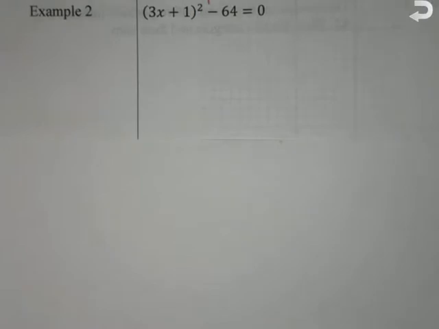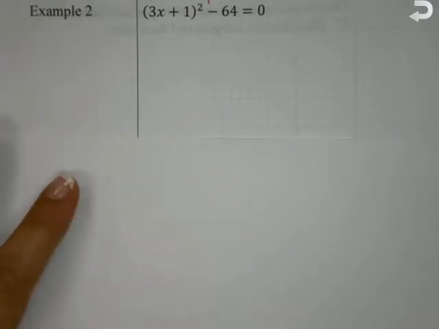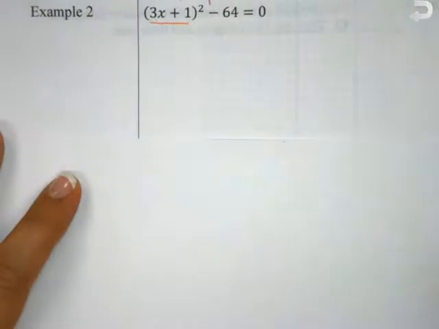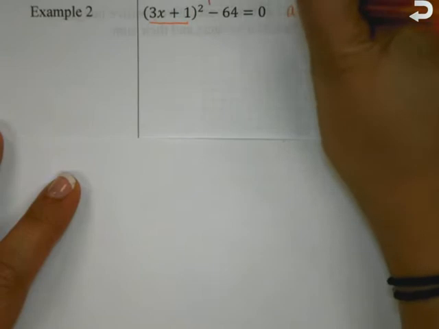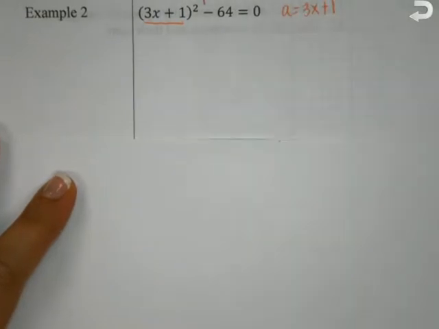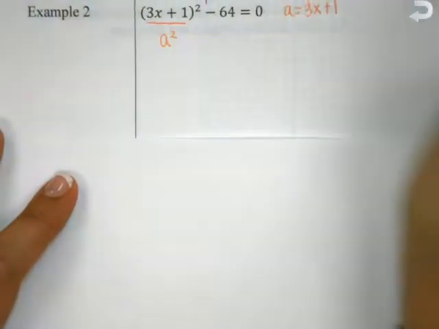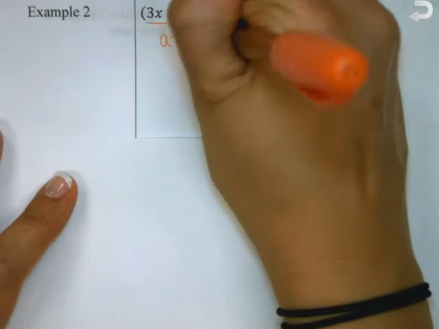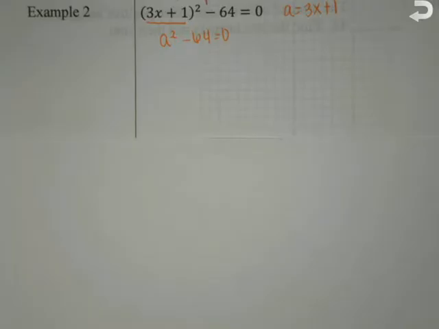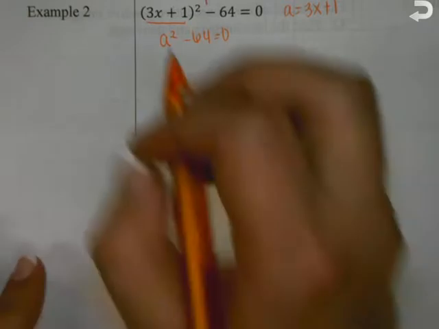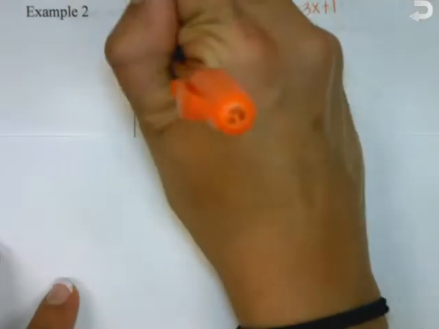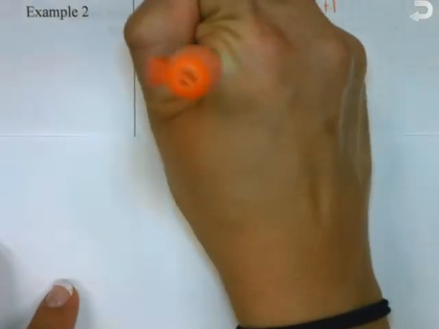So what we do here is we're going to let a equal 3x plus 1 and plug that in. So that's going to give me a squared minus 64 equals 0. Similar to example 1, it's a difference of two squares. So this is (a plus 8) times (a minus 8) equals 0.